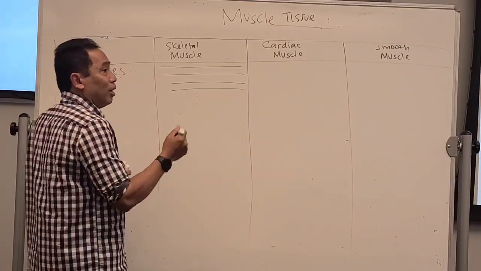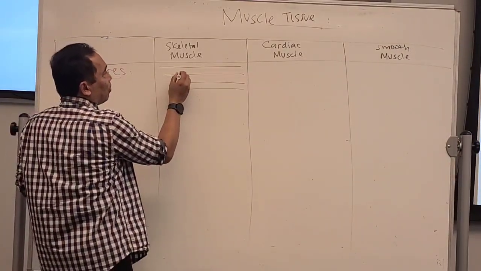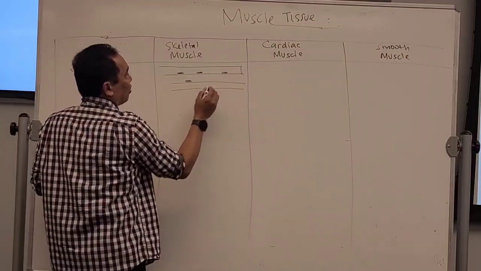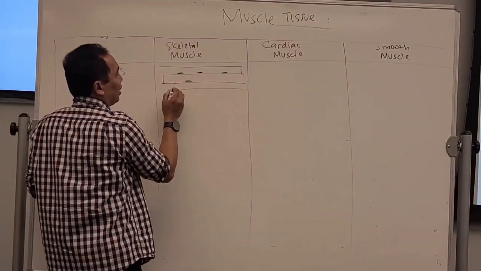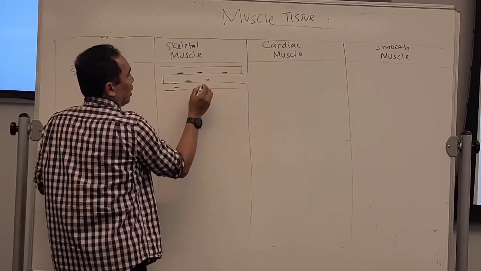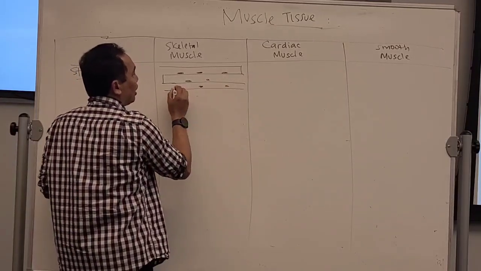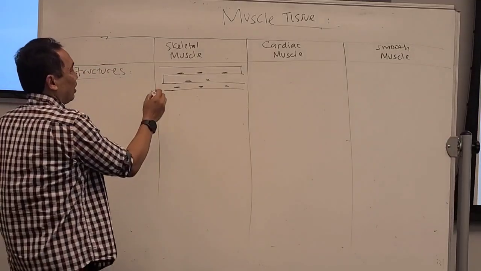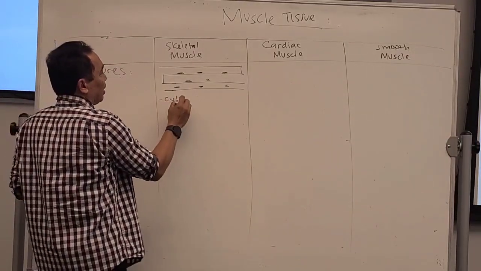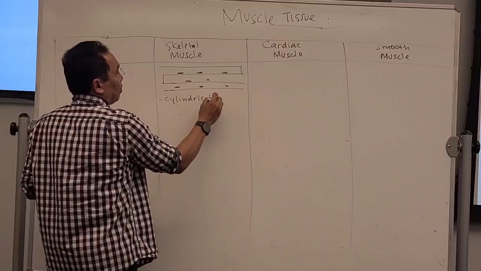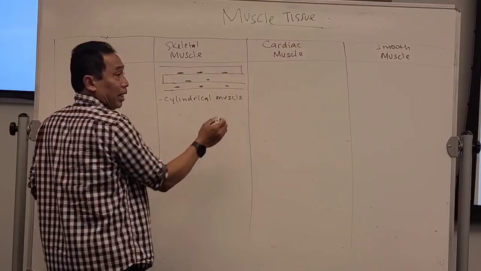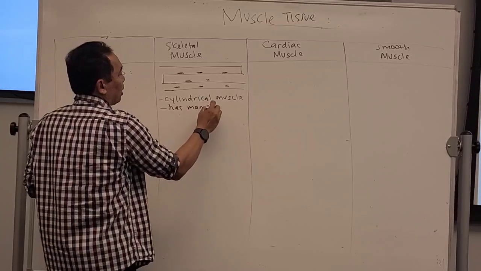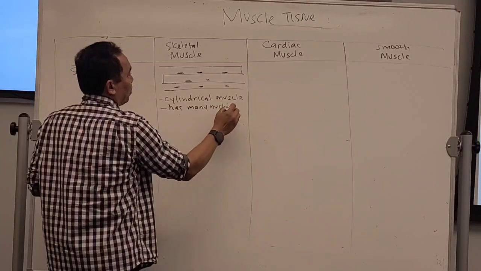Because they are very long, what happened? They have a lot of nuclei in one cell. Let's say this is one cell over here, and this is another cell. Instead of only one nucleus, it has many nuclei. Get it? So cylindrical muscle has many nuclei per cell.